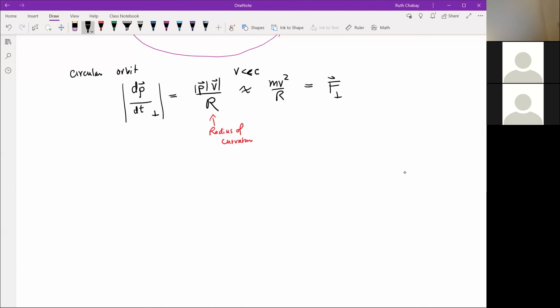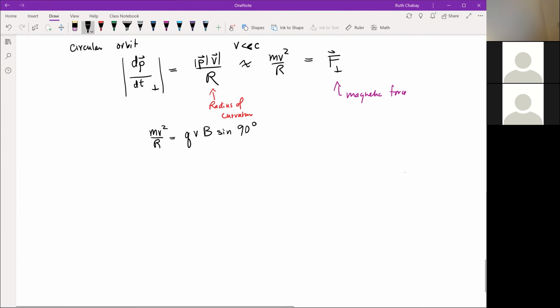Well, in this case, the perpendicular force acting on the moving object is a magnetic force. So we can rewrite this relationship as mv squared over r equals qvB sine of 90 degrees for this circular motion. And simplifying that, we get mv over r is equal to qB.